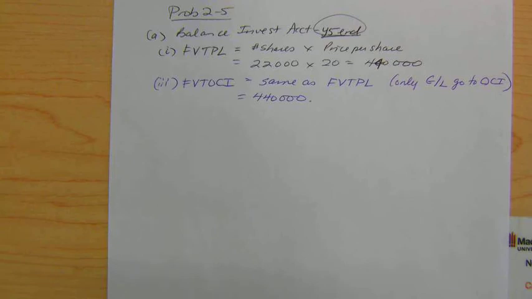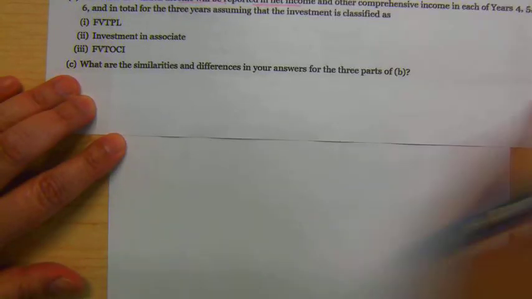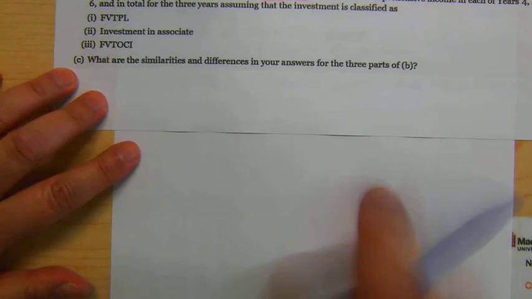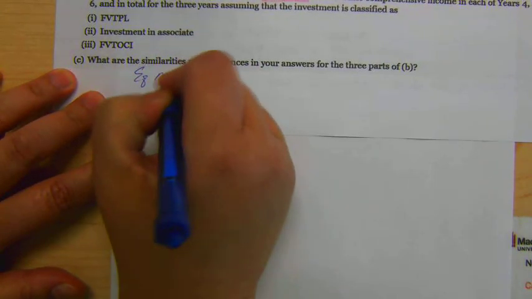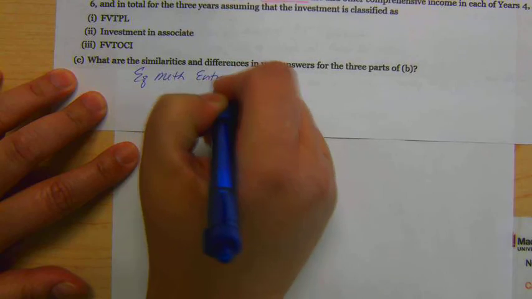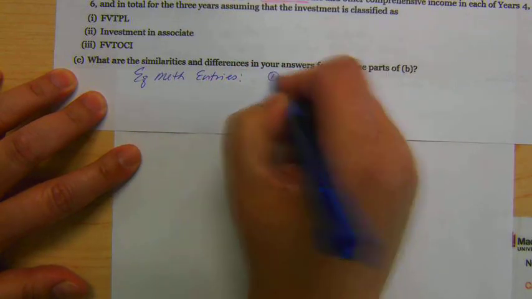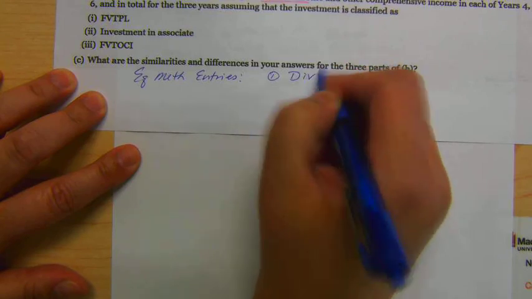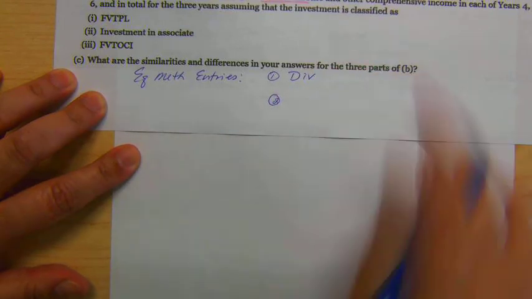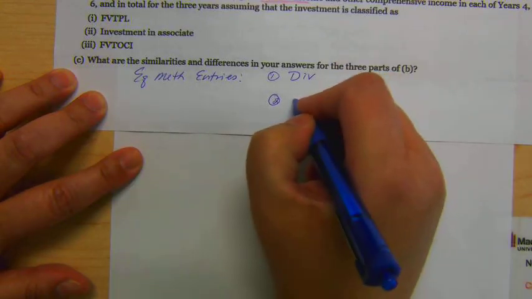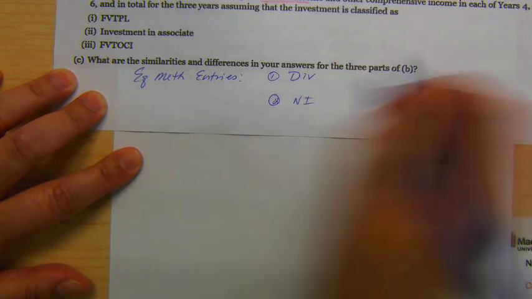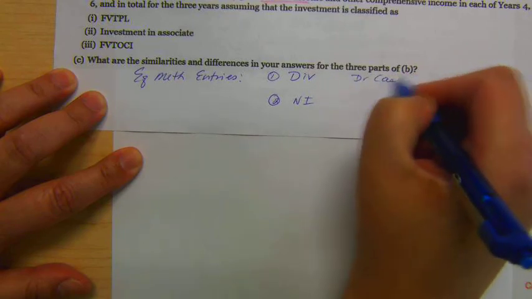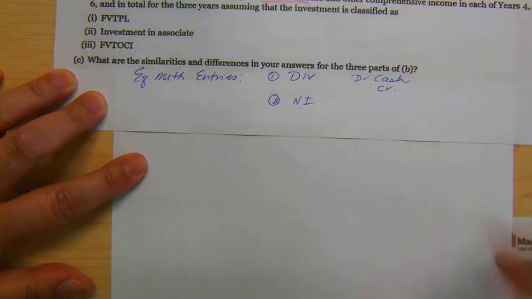Now, with the equity method, I'm just going to do it over here. What are the equity method entries again? There's 2 every year. You guys are going to be so sick of me asking this by the end of December. Dividends and? Perfect. So dividends, we debit cash and credit what?